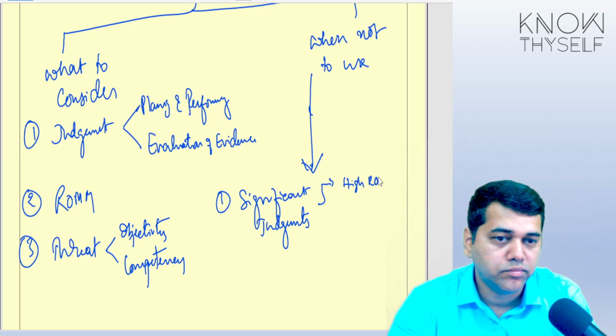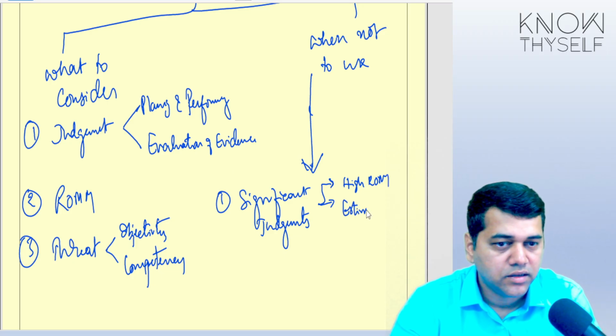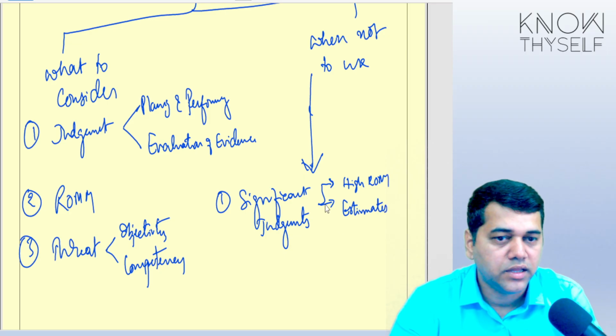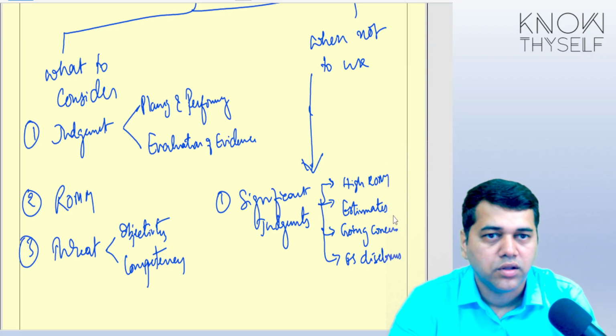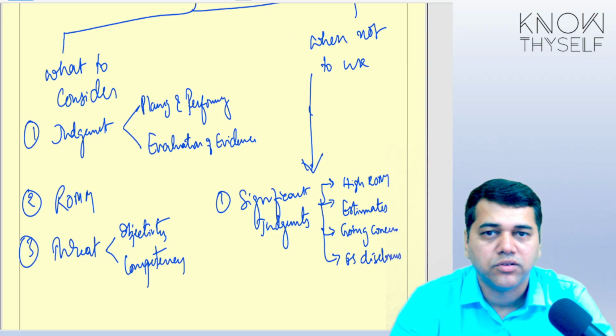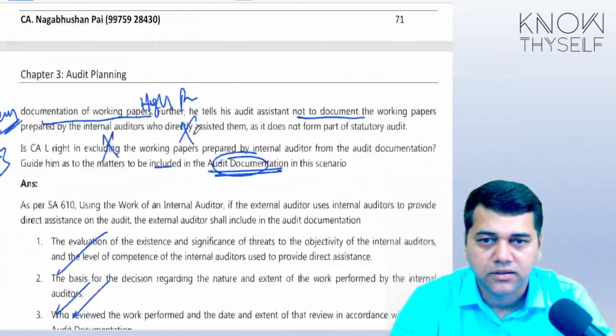High ROMM area, significant judgments will come. Then estimates, then going concern, financial statement disclosures. Okay, have we covered? In the Q&A, we are going to find these examples.